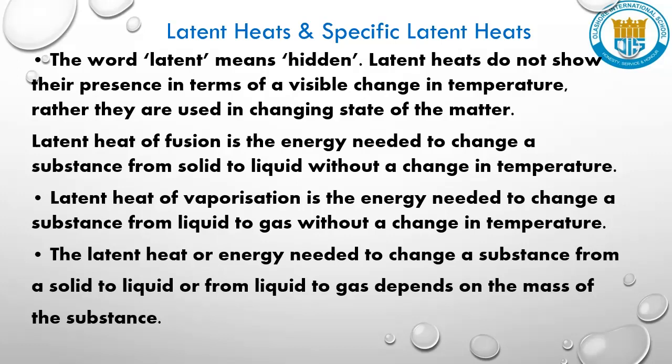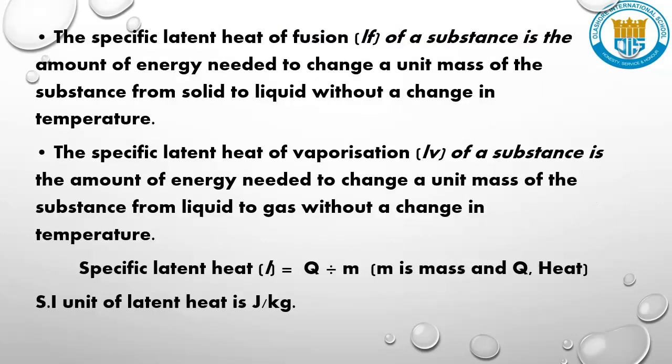Latent heat is needed to change a substance from a solid to liquid or from liquid to gas. And the amount of heat that will be needed will depend on the mass of the substance. Now, let's look at specific latent heat. Just as with specific heat capacity, the word specific here also refers to a unit mass.